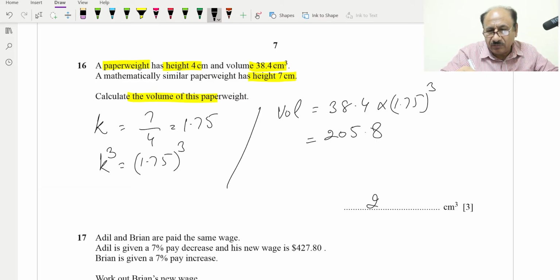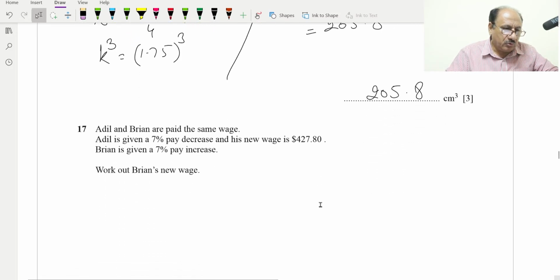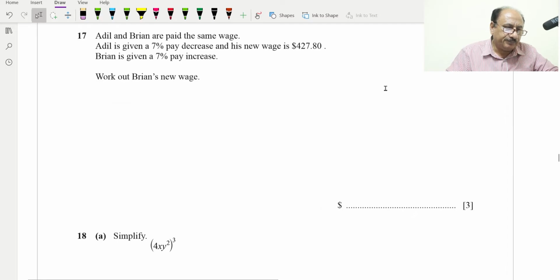This will be our final answer, in cubic centimeters. Basically this is the volume. Now question number 17.